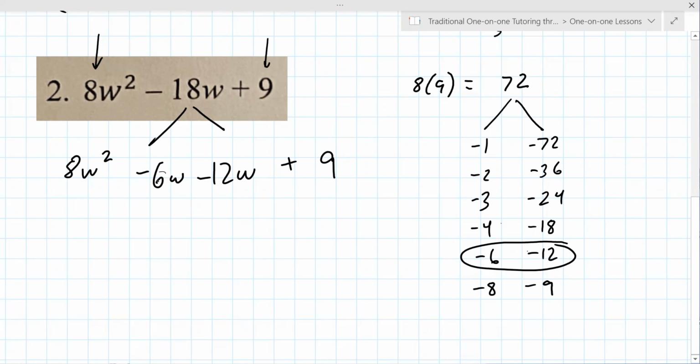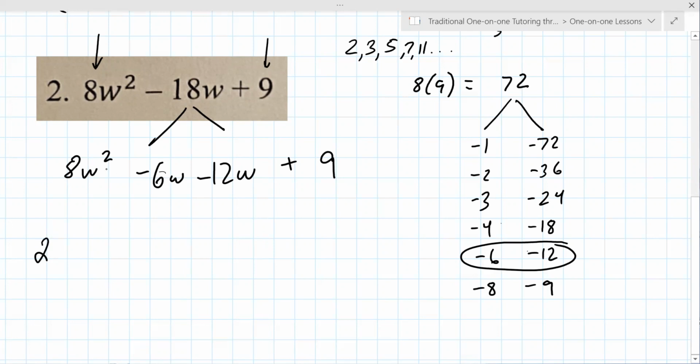What's the biggest number that goes into both? 8 does not go into 6. 3 does not go into 8. 4 does not go into 6. 2 goes into both 8 and 6. You're trying for these prime numbers, 2, 3, 5, 7, 11. Those are the ones you're looking for.